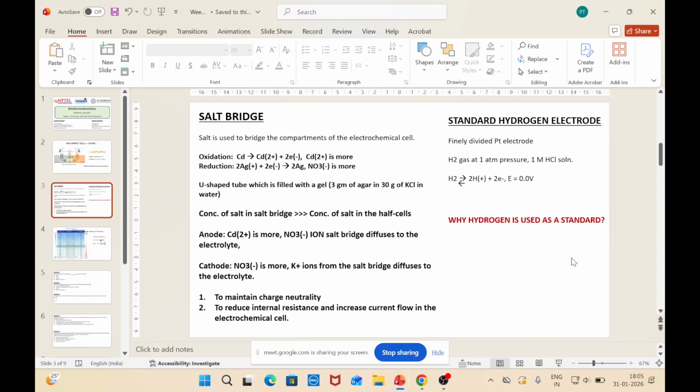So think on this, because as I said, the absolute potential for the SHE is not 0. That is the relative potential for SHE. Think about this. Let's discuss on this once you have some ideas related to this.